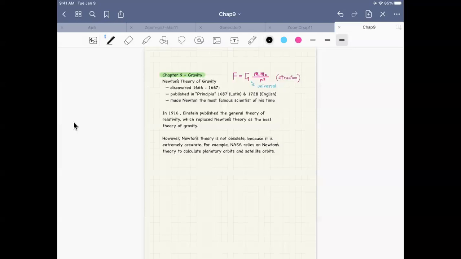That was done by Henry Cavendish some years after Newton had already died.